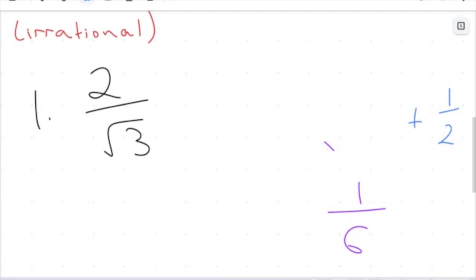We're doing the exact same thing here. So we're going to make some kind of change to this denominator root 3. And that's going to involve a type of multiplication. I want you guys to pause the video and really reflect on this idea. There is only one number that we can multiply root 3 by in order to get a rational number.